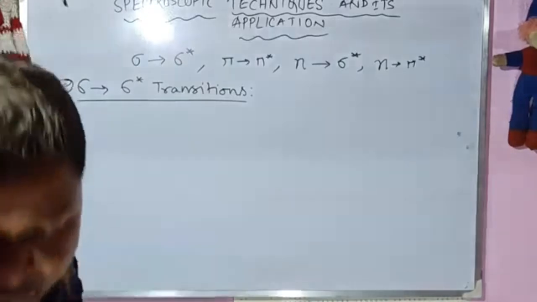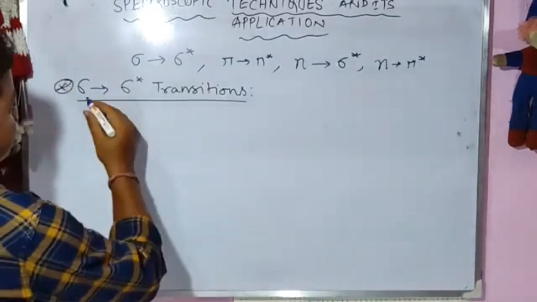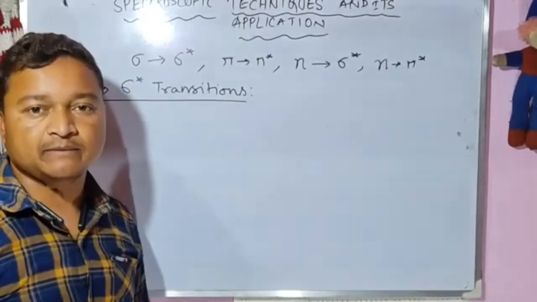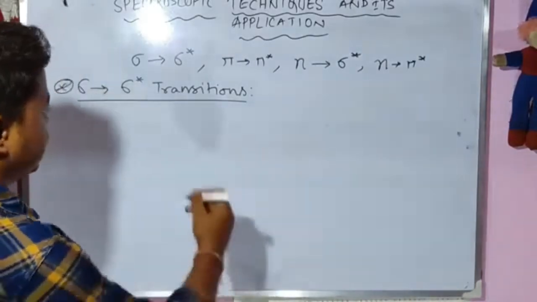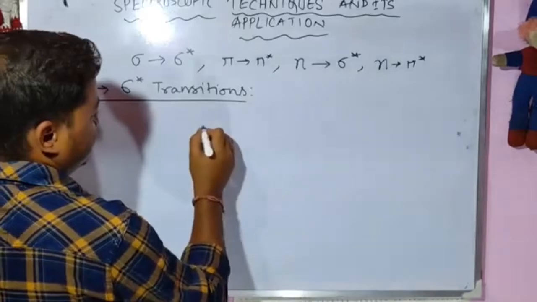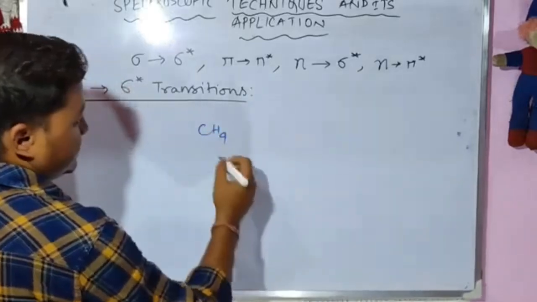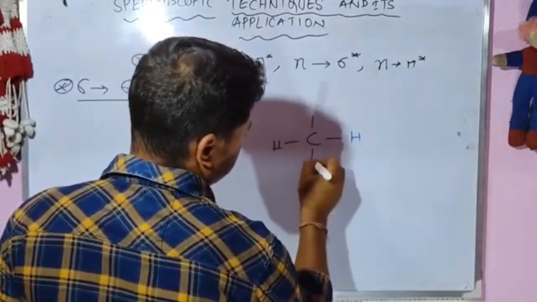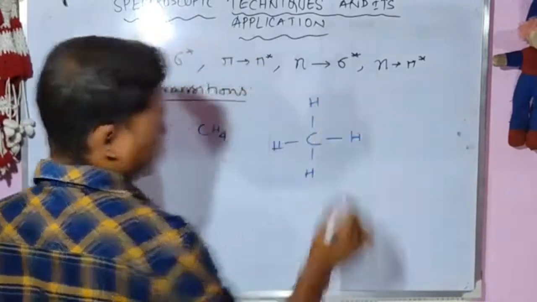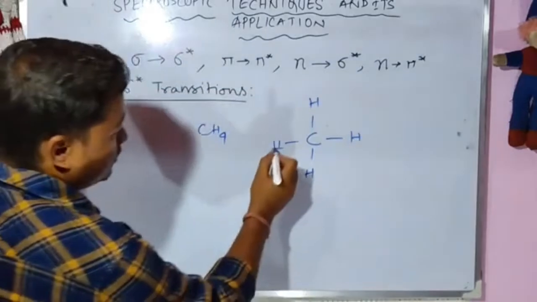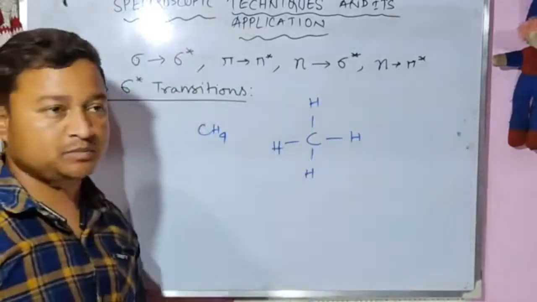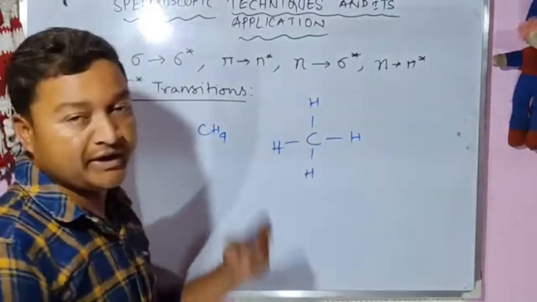Sigma to sigma star transition. Sigma to sigma star transition occurs in molecules that only have sigma bonds. For example, in methane, CH4, there are 4 sigma bonds, and there is no pi bond or non-bonding electron.